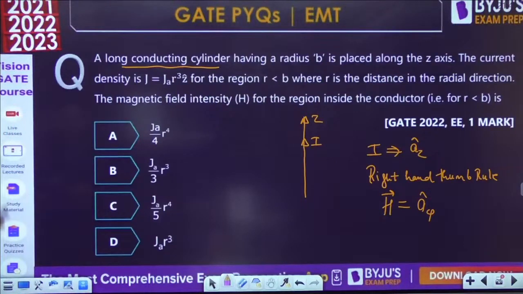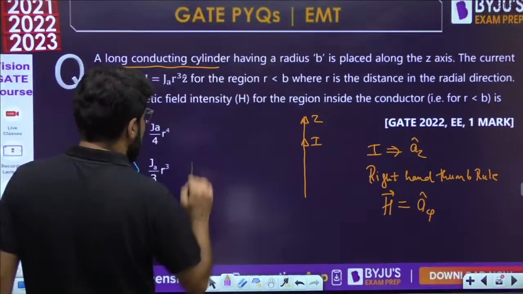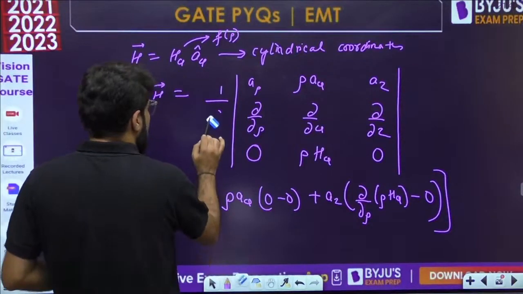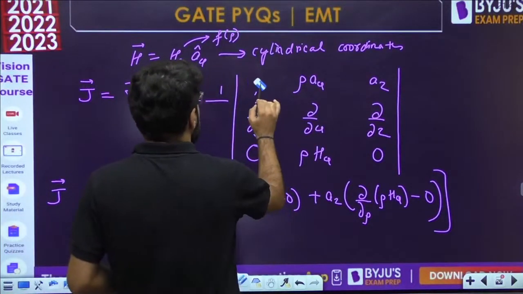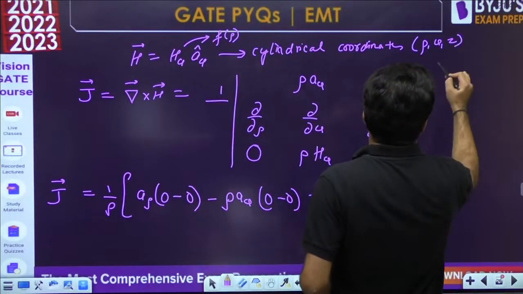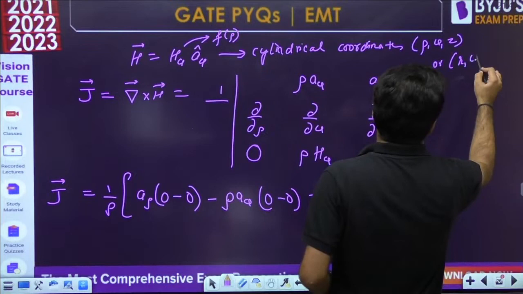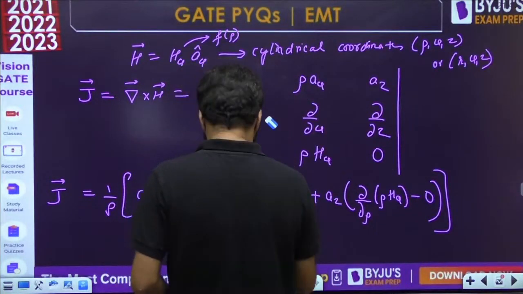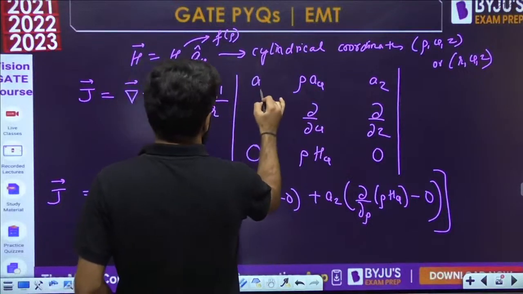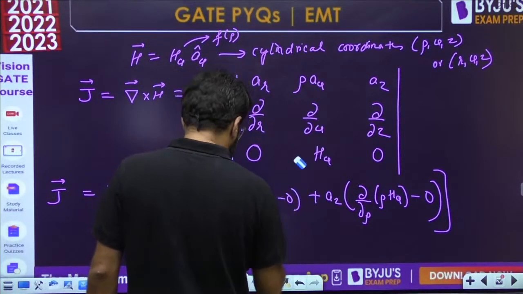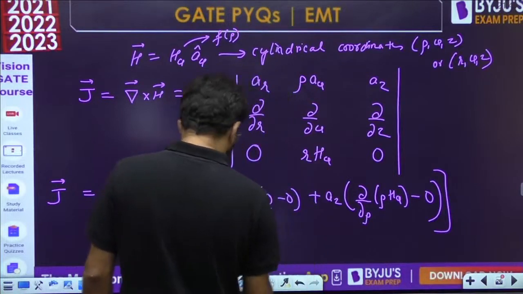Here they have taken the distance as r rather than rho. So we can convert everything to r. No problem. Let's call the cylindrical coordinates r phi z. In the question they have used the parameter as r. So 1 upon r, this will become a r, this will become del by del r, and I will write this also as r.